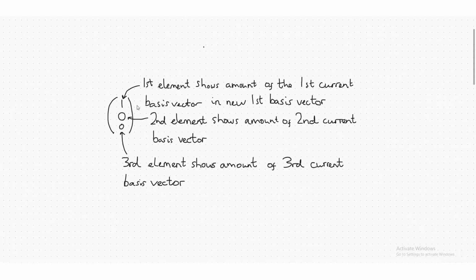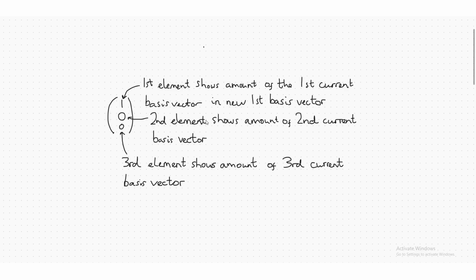Okay, if we zoom into the first column, 1, 0, 0, the top element shows us the amount of the first current basis vector, which is x, in our new first basis vector. The second element shows the amount of the second current basis vector, which is y, in our first new basis vector.